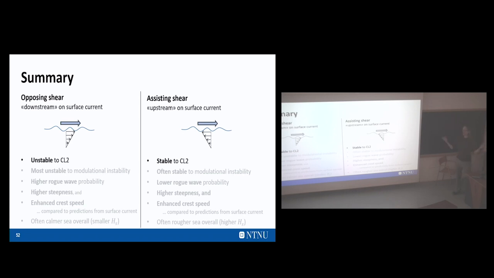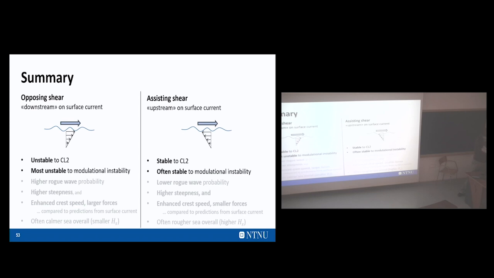Anyway, here's a sort of summary. For opposing shear and assisting shear, which you could call downstream and upstream. What I mean here is that the shear helps the wave along because the current decreases with depth. Well, the opposing shear case, the downstream, is the most unstable to CL2.